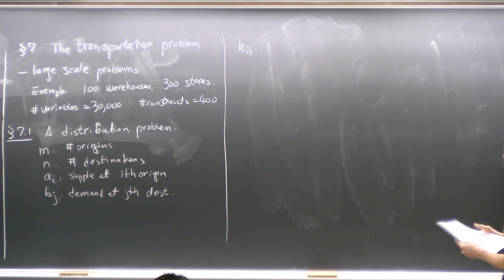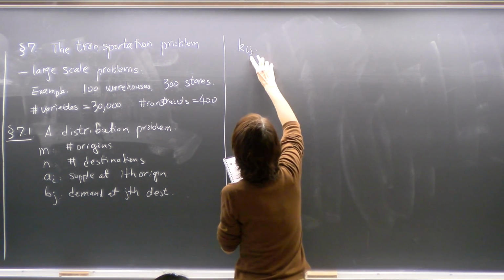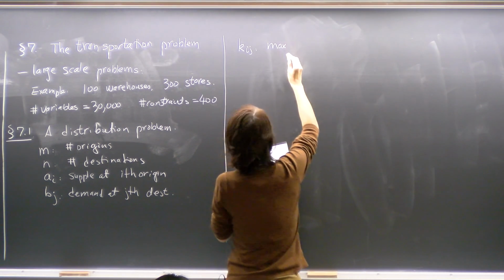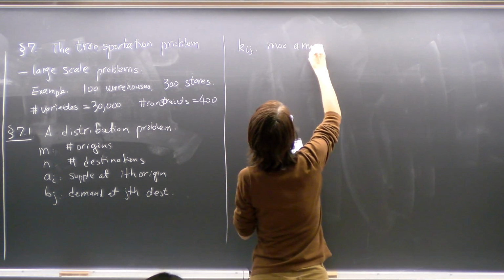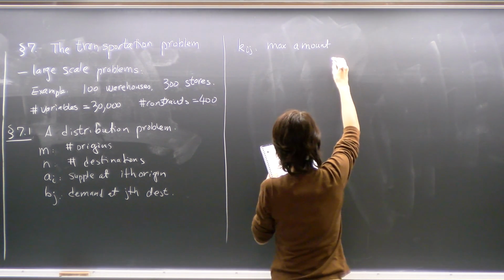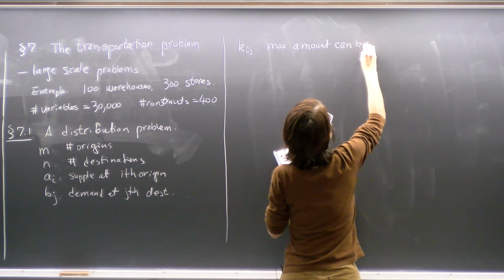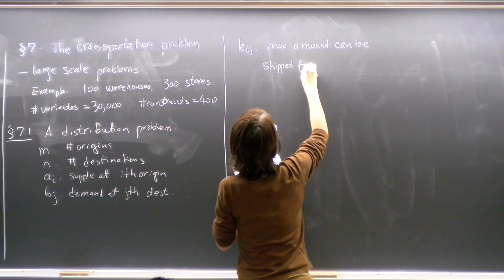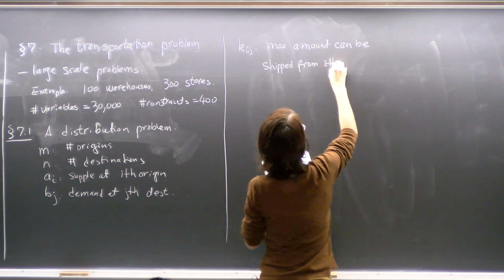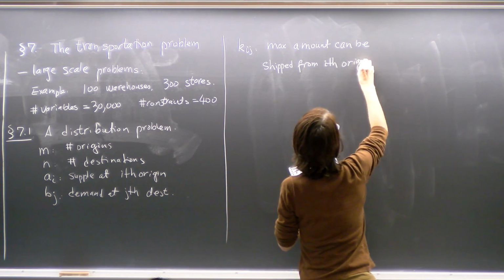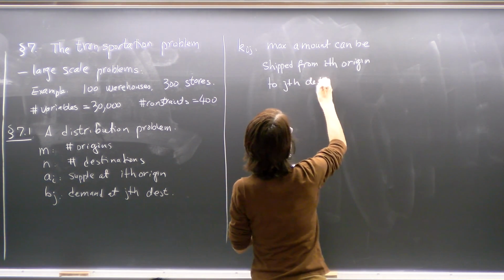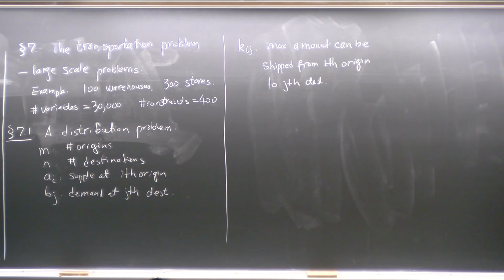So there will be a max amount you can ship from i to j. So that is a further constraint: the max amount that can be shipped from the ith origin to the jth destination. So that gives you new constraints, a lot of them.